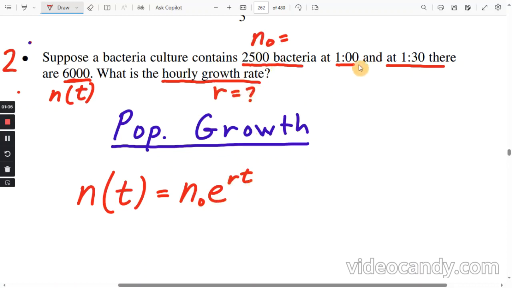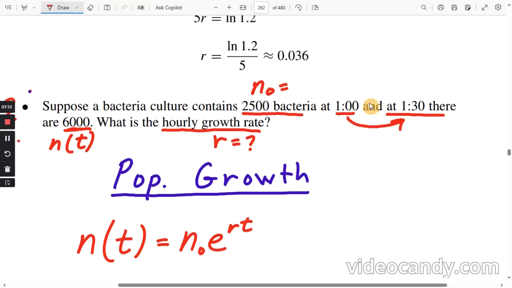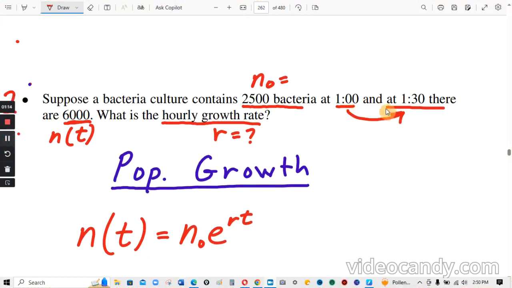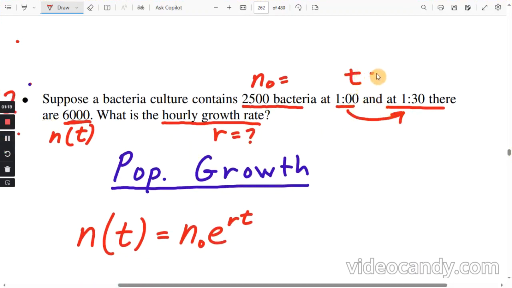And T runs from 1 o'clock to 1:30, so we know that T is 30 minutes.